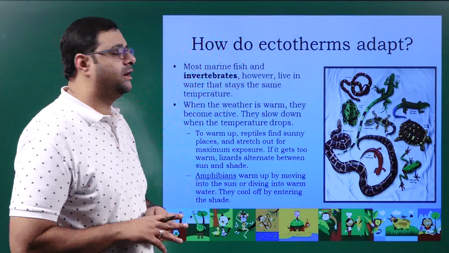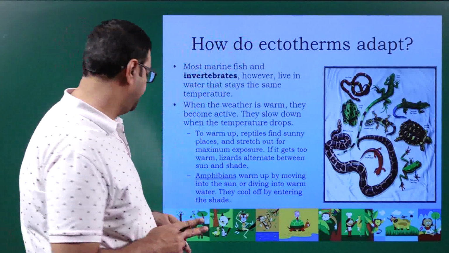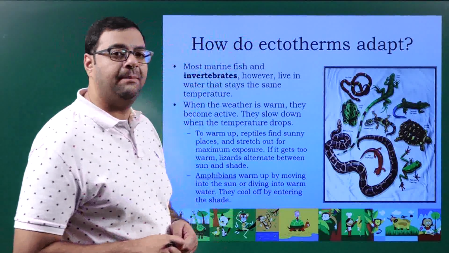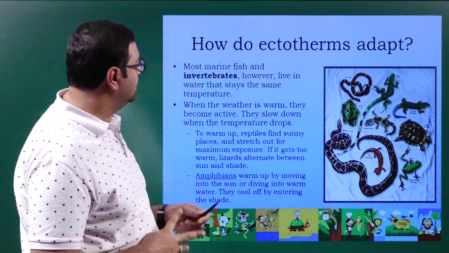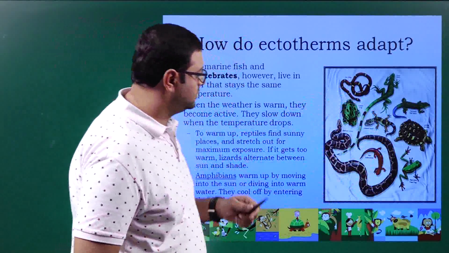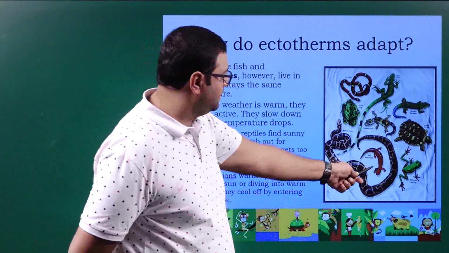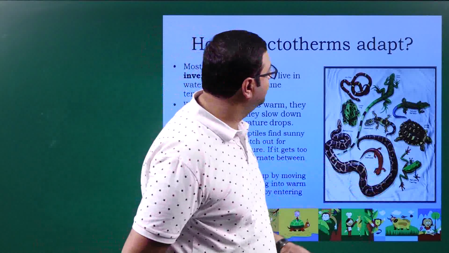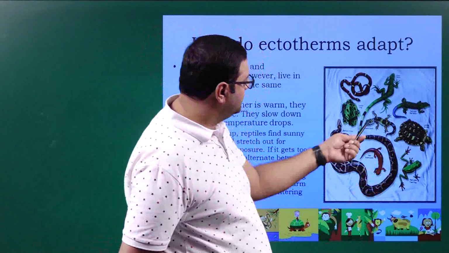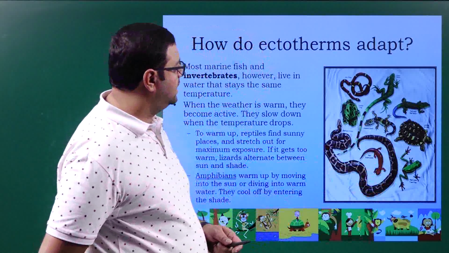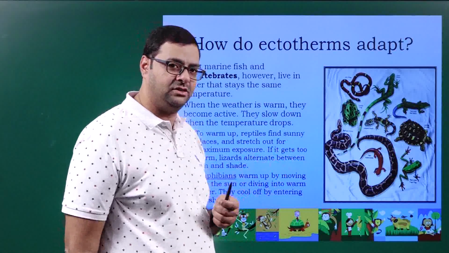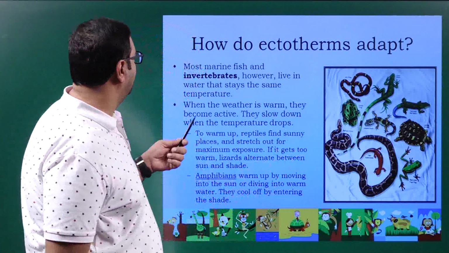Now, moving on. How do ectotherms adapt? When we are talking about adaptation of ectotherms, these are all the ectotherms. You have the boas, the lizards, the salamanders, the frogs, and the geckos here. How do they adapt? These are all cold-blooded creatures, or ectotherms.